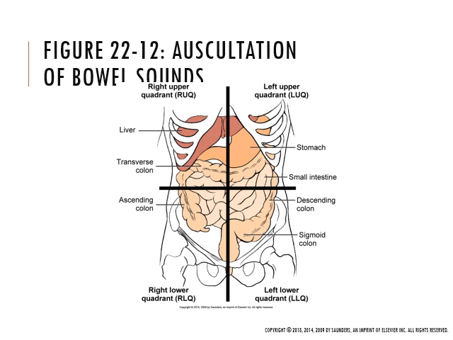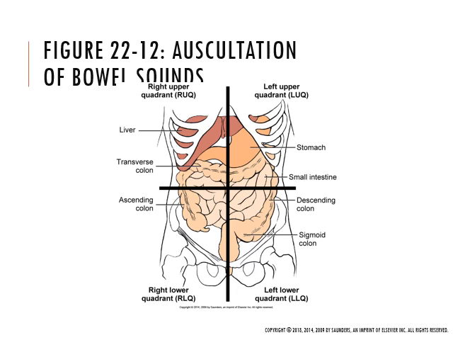All right, now, if you can take a look at this figure and just imagine putting this X on a person, and that's how the bowel sounds are separated. So when you listen to bowel sounds, you're going to always start in the right lower quadrant. Then you're going to move to the right upper.